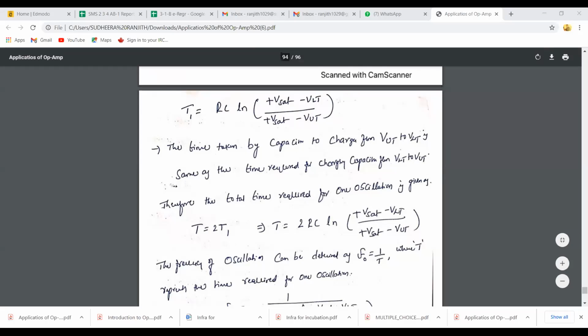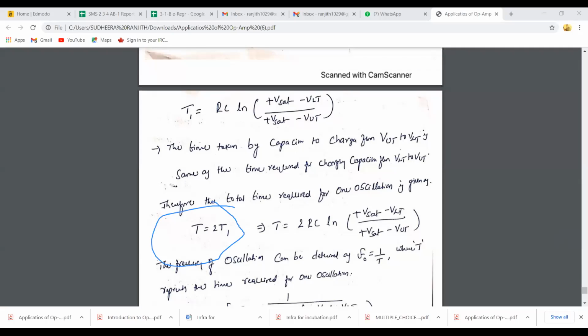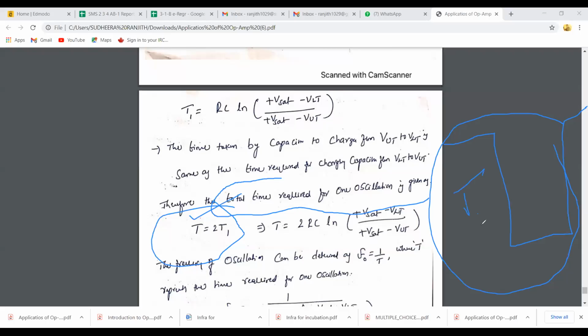Therefore, I am taking T equal to 2T1, the total time required for the oscillations. For the complete cycle, this part is T1 and this one is also T1, so the time required for one complete oscillation is 2T1.